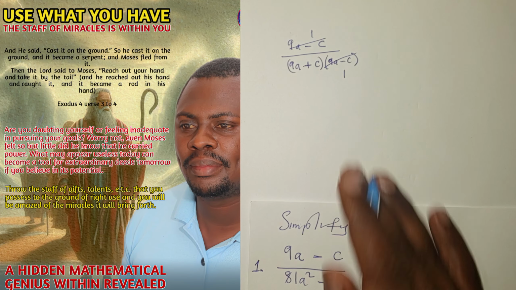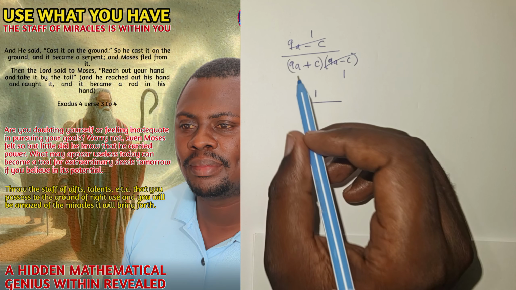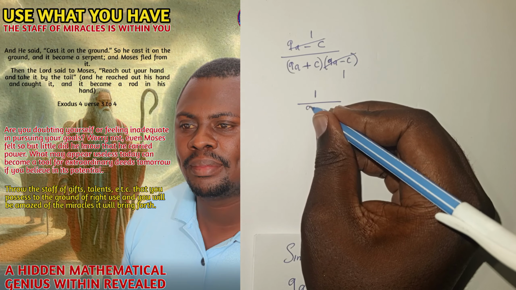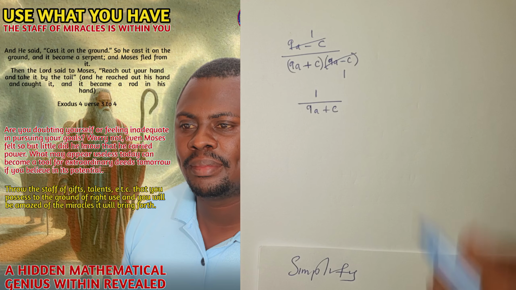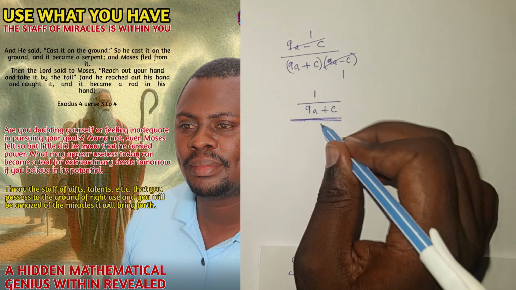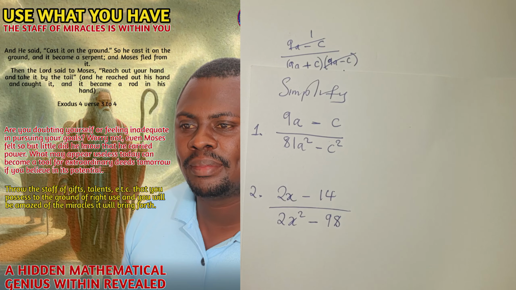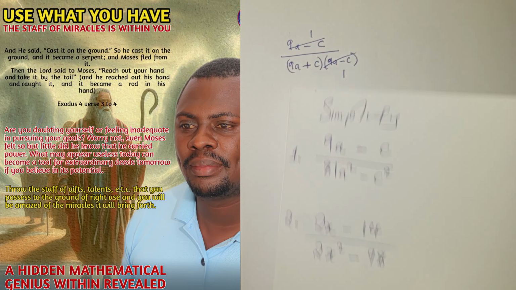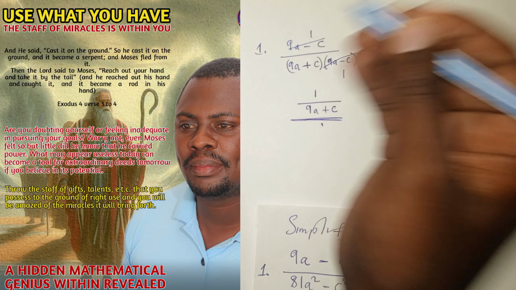Okay, so on the numerator we have 1, and on the denominator we remain with just 9a plus c. So we have 1 over 9a plus c. So we have simplified. So 9a minus c over 81a squared minus c squared is simplified as 1 over 9a plus c. Okay, so that was the first one.